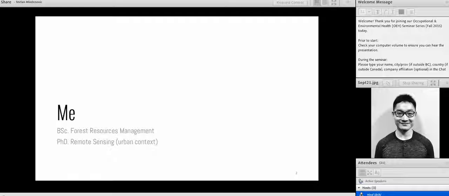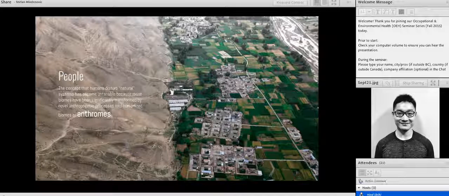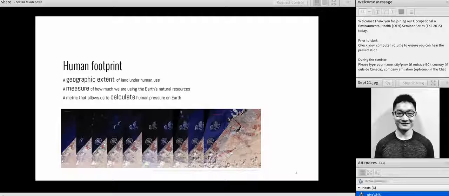So, people and pixels. What do we know about people? There's a new term called anthromes, or this concept of us disturbing nature has become very popular these days. Climate change, deforestation, and just massive scales of the thing called human footprint.